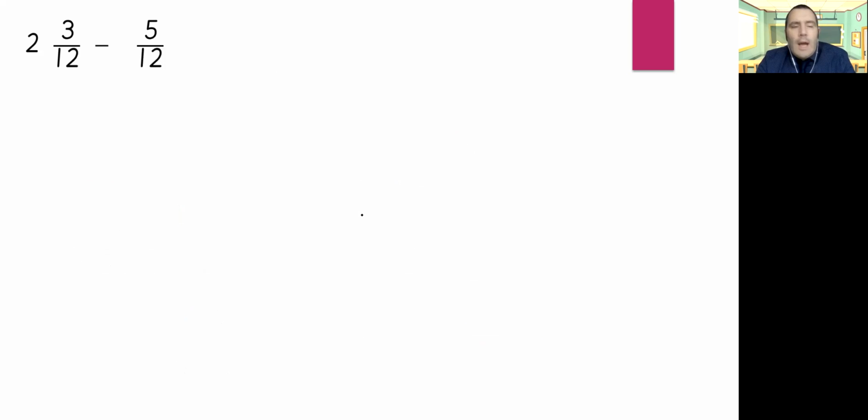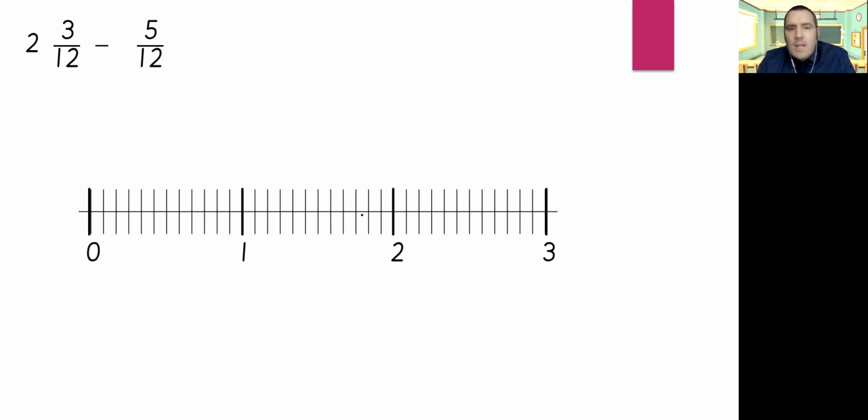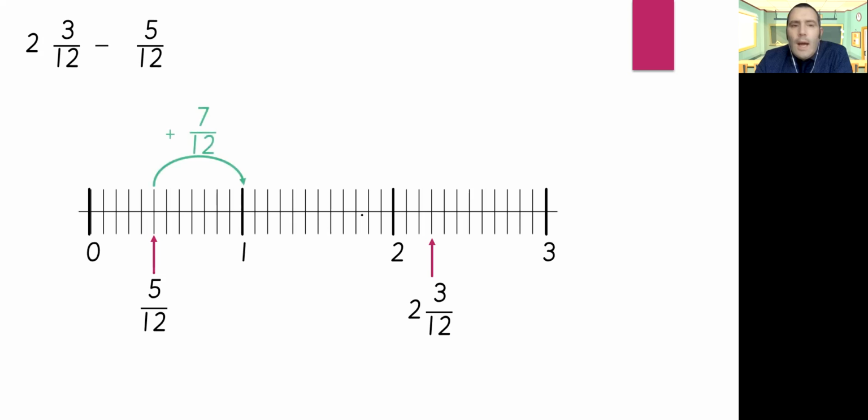Moving forward now, I have 2 and 3/12, take away 5/12. We can use a number line as well, making sure that we keep everything split into 12ths. So 2 and 3/12 will go here, 5/12 will go here, and we're working out the difference. So 7/12 gets us from 5/12 to a whole, because I know 7 add 5 makes 12.